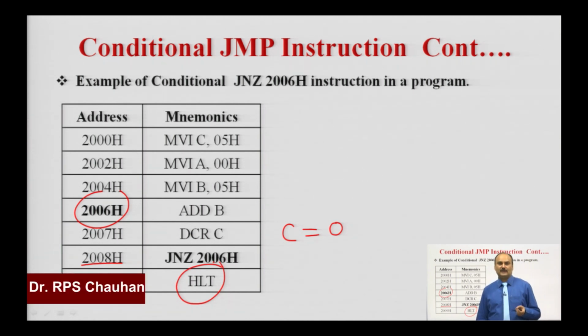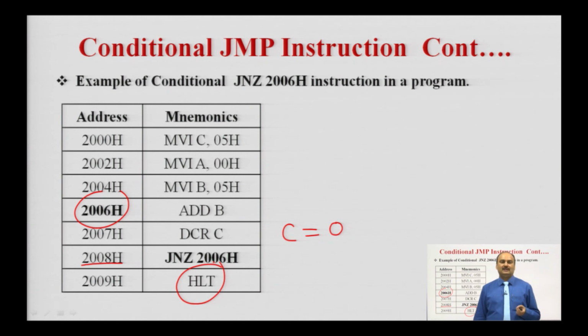Here, the program is used to calculate the square of the number 5. The logic implemented here is that the number 5 is added 5 times. The counter C is used to set the count value, which is 5, because we need to add 5 five times to get the square of the number.